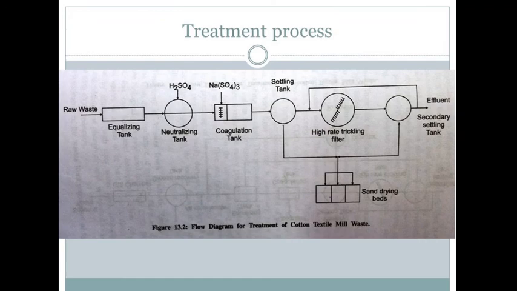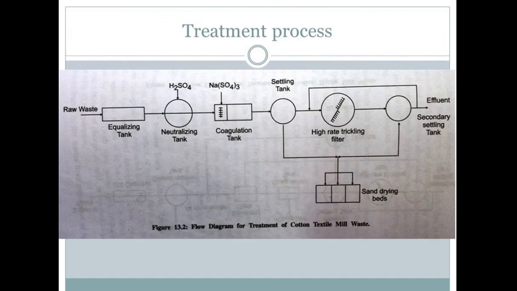The next biological treatment method used is the high rate trickling filter. For removal of BOD from the waste, we use the trickling filter, which is the conventional biological treatment method, for the removal of BOD and COD from the wastewater.